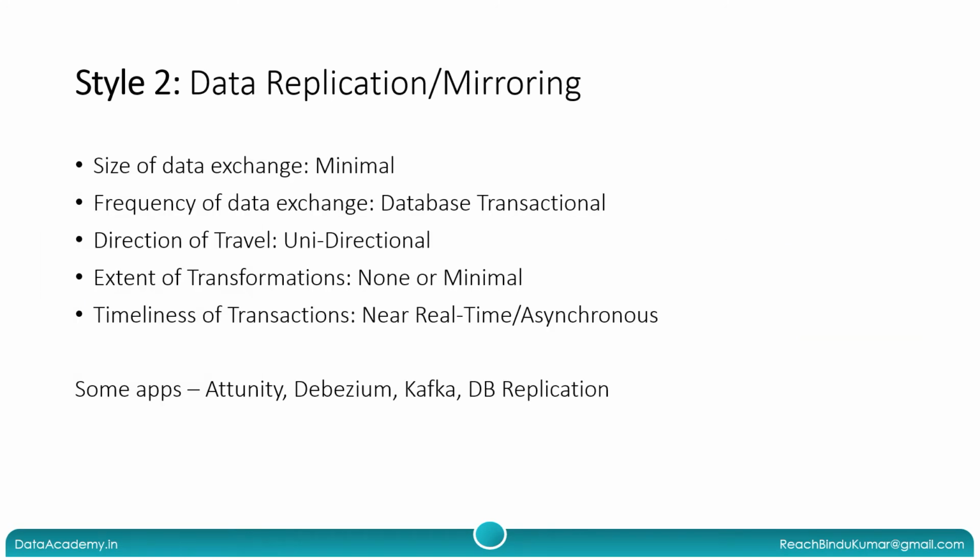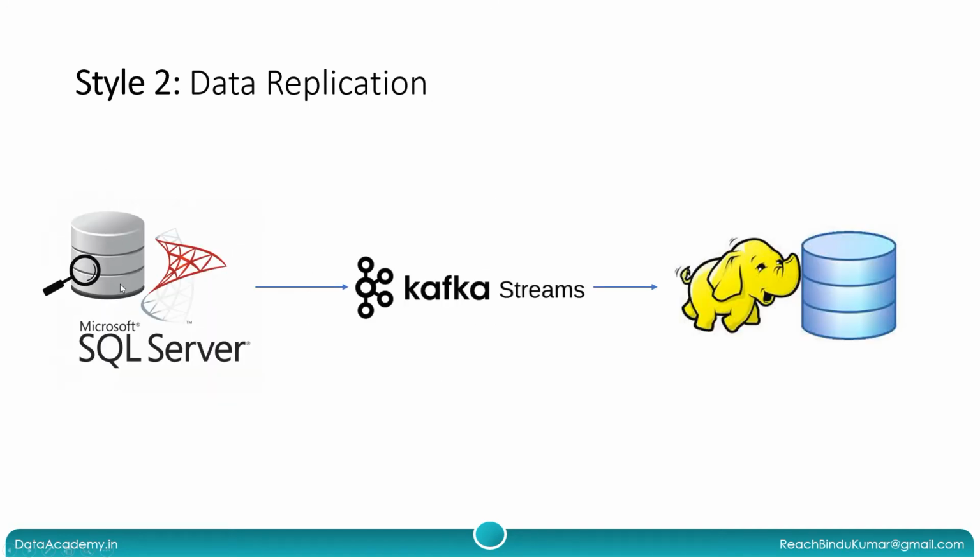Then the last characteristic, which is the timeliness of transactions. Here it's not real time or synchronous, it is near real time or asynchronous. Suppose I insert 1000 records into the SQL Server database. There is no need for all those 1000 records to be immediately available in Hadoop, right?